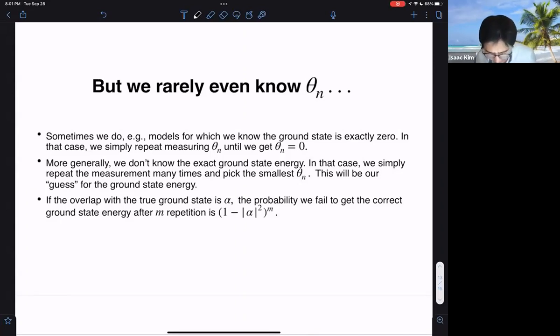But fortunately, that probability is very small if your overlap with the ground state is decent. It doesn't have to be very close to 1, but let's say alpha is like 1/10. Then the probability that you will never measure the ground state energy is exactly this one. So if m is larger than 100 in this case, then with high probability you will indeed measure the ground state energy.